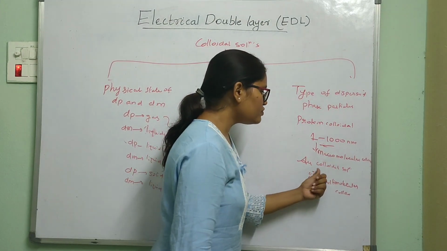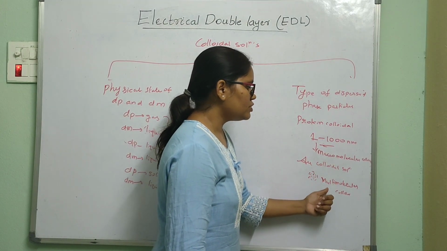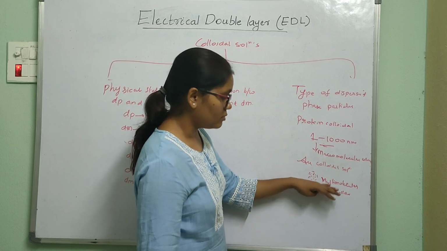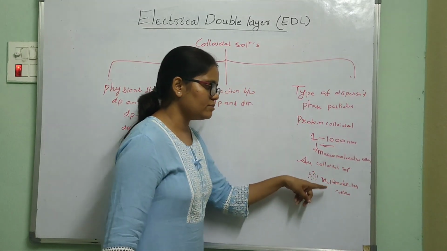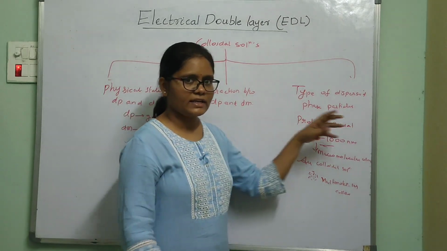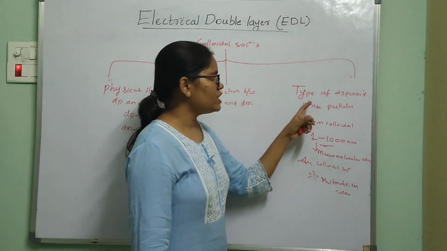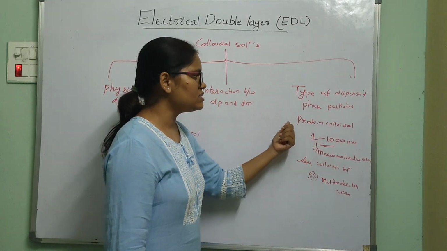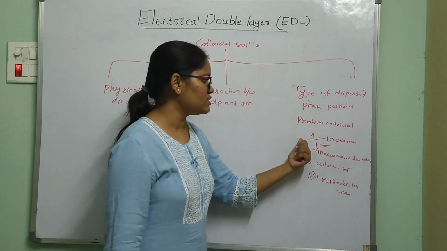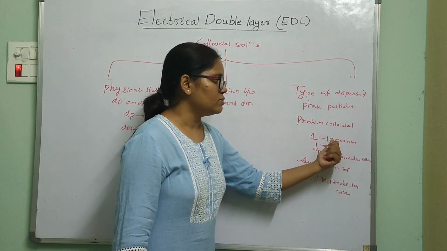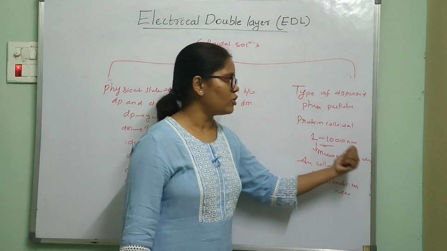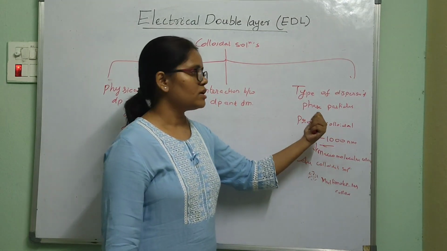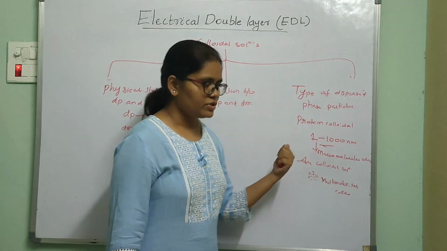Therefore such colloidal solutions are called multimolecular colloids. I'm not sure about this name. If this name is wrong, I'll give the right name on the screen. So based on the type of dispersed phase particles, if one particle's size is in the colloidal range, such solutions are called macromolecular colloids, for example a protein solution.